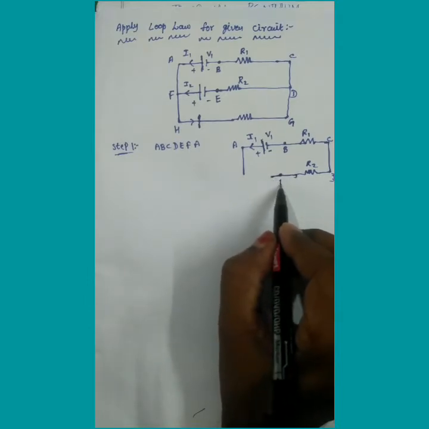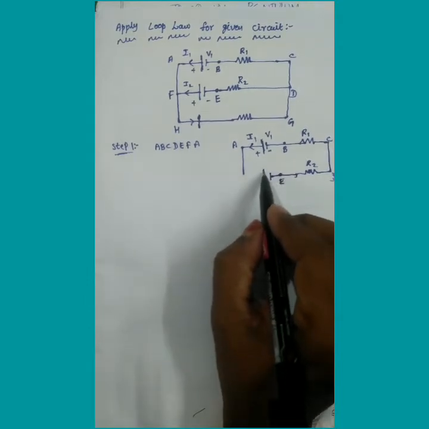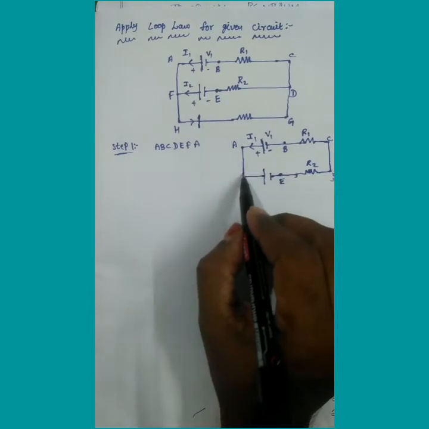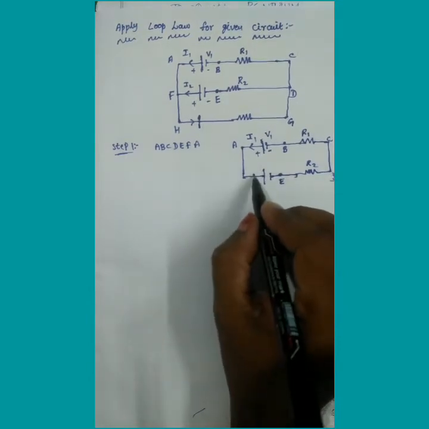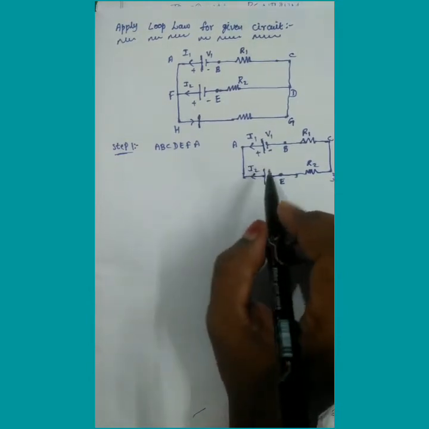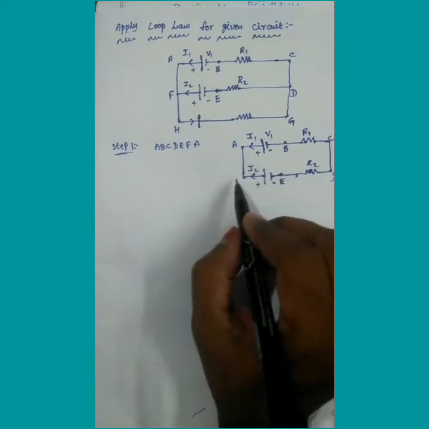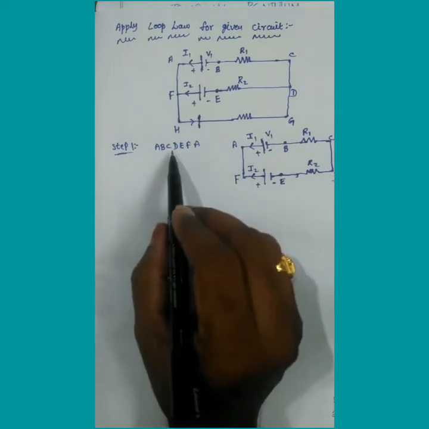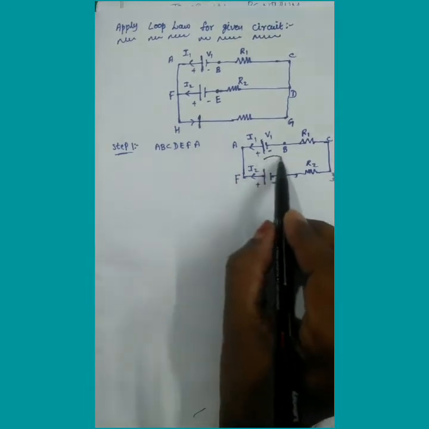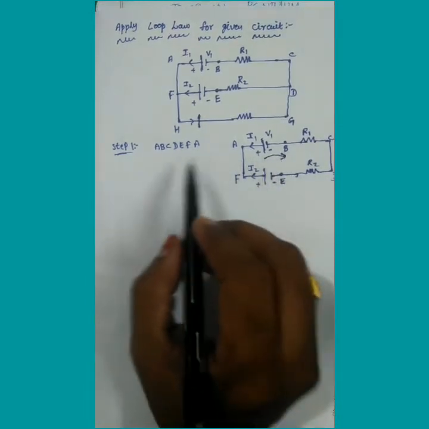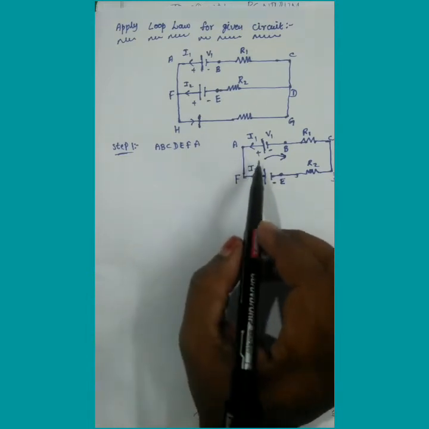This point we take as E. Another battery is also connected, with emf V2, with positive and negative terminals as shown. This is our loop.